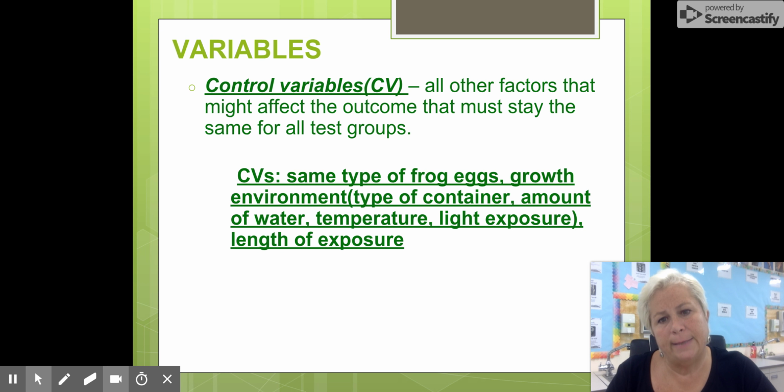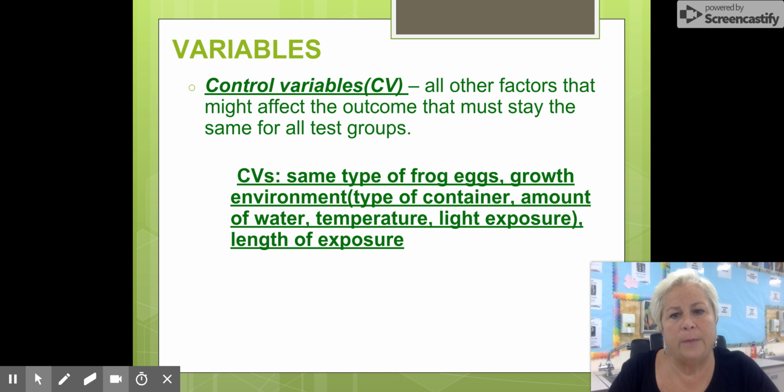So in this case, there are any factors that might also affect the growth and development of those frog eggs into frogs, okay? So they might possibly have something to do with those deformities.